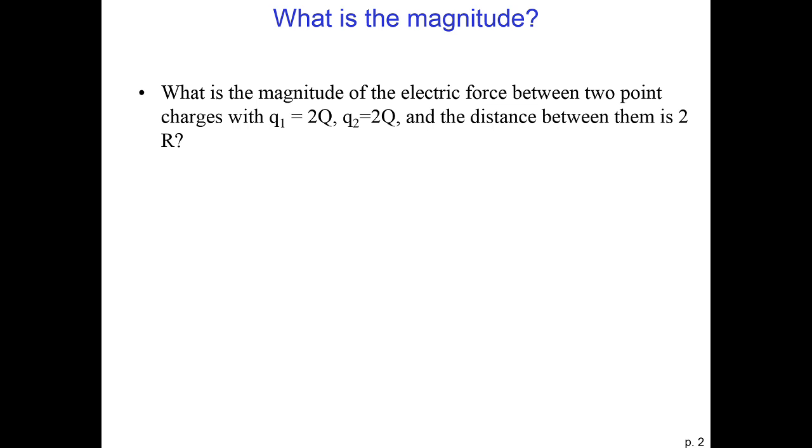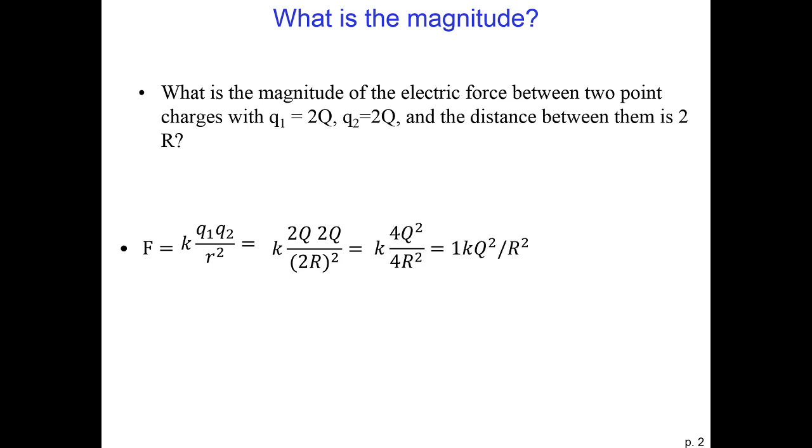So to do this problem, our unit of force is kq squared over r squared, so we use Coulomb's law. The force is equal to the Coulomb's constant, so k, times the absolute value of Q1 times the absolute value of Q2 divided by the distance r squared. This gives us k times 2q times 2q divided by 2r squared.